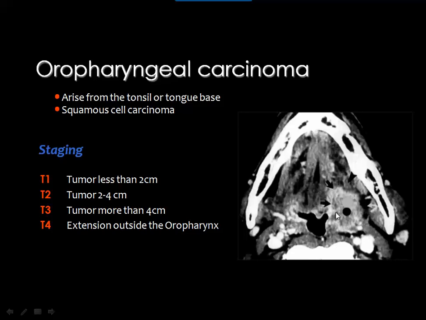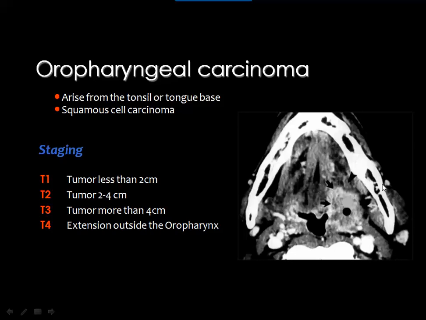It is also affecting the lateral wall of the pharynx and is inseparable from the anterior part of the sternomastoid muscle, and possibly it infiltrates the two muscles here, which are the hyoglossus and the styloglossus muscle. But this lesion did not cross the midline. It did not affect the midline fat plane.